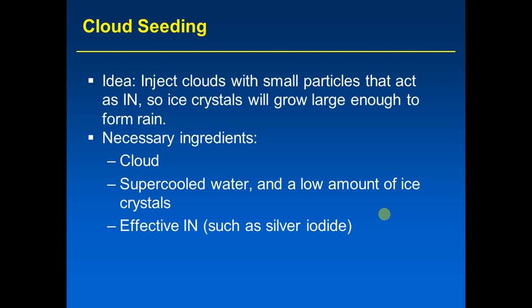It acts as an effective ice nuclei at temperatures less than 25 degrees Fahrenheit. Another particle that can be used to act as an ice nuclei is dry ice, or solid carbon dioxide. It has a temperature of minus 108 degrees Fahrenheit on average. It cools the air around it and it helps produce supersaturation.